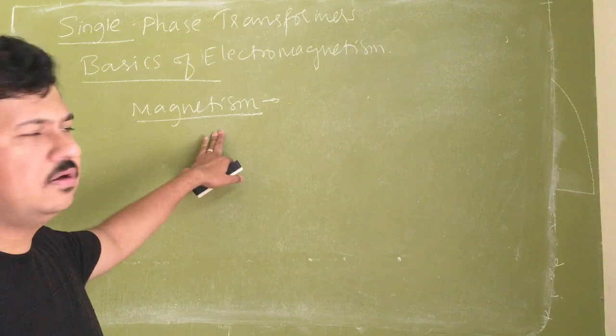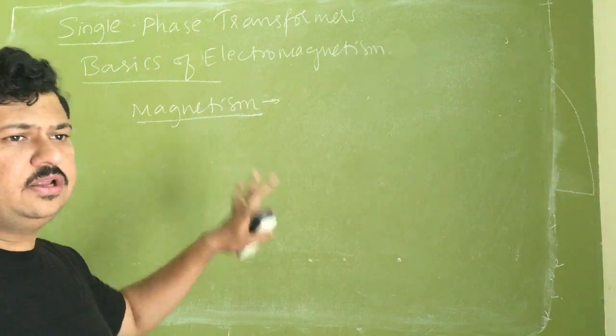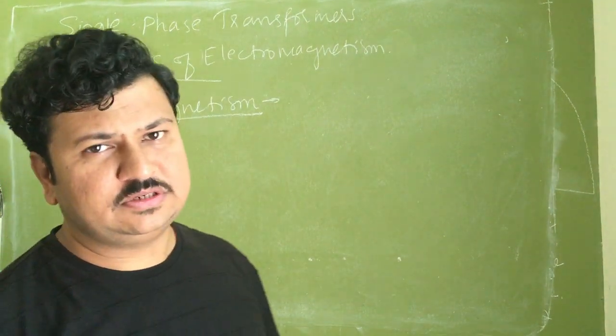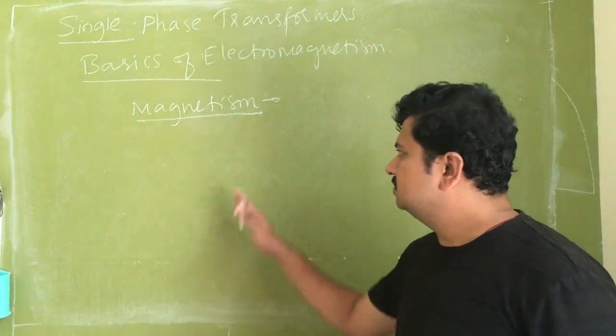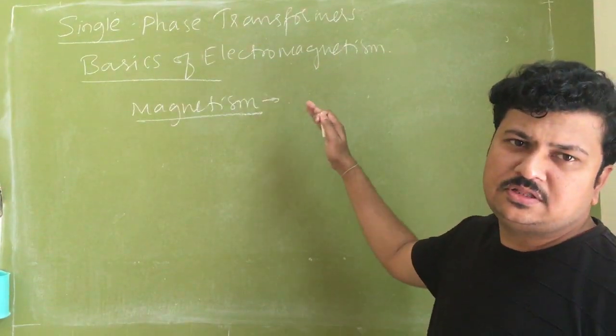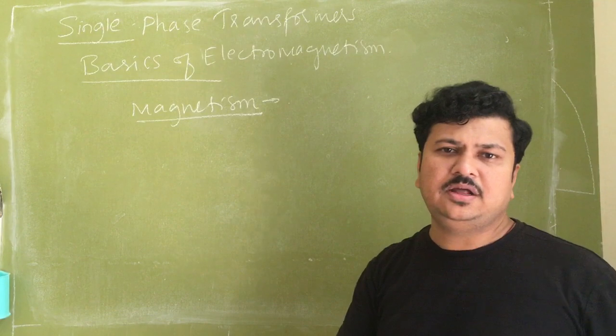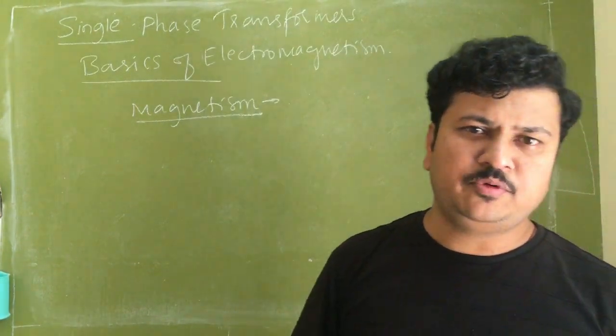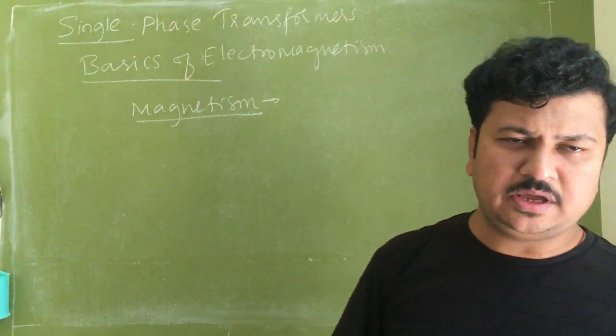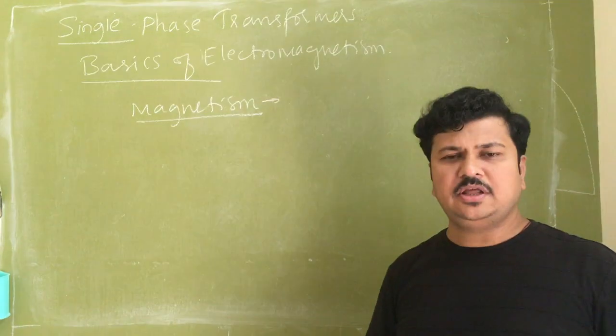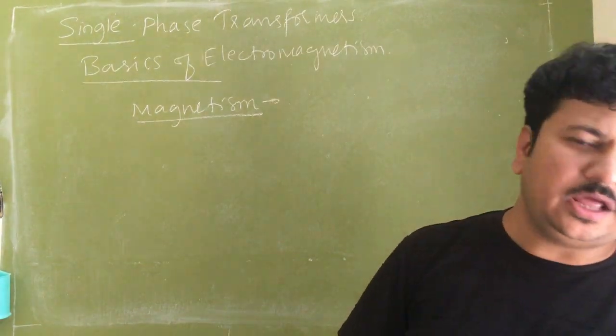So what is magnet or magnetism? Simply it is a property of directive nature. Okay, it will direct the things which come under its influence. So if I put any magnetic material in the magnetic field, that magnetic material will get oriented or directed.